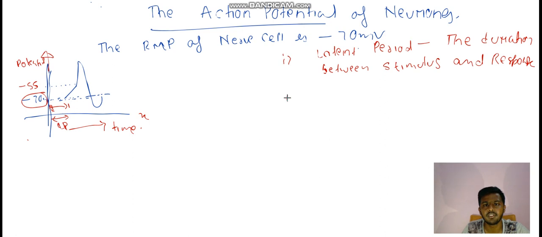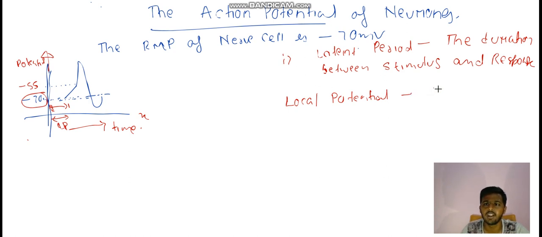So the first phase is local potential. So what is local potential? This is, we can say, the threshold potential, the minimum potential we required for the action potential to start, or the minimum potential which begins the action potential. This is a local potential.